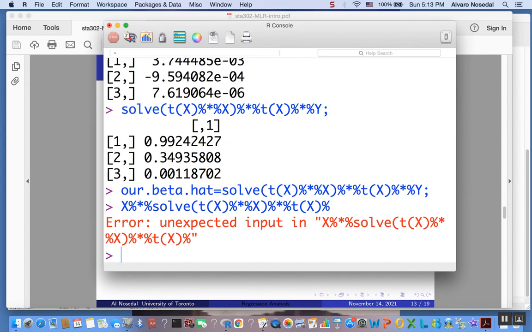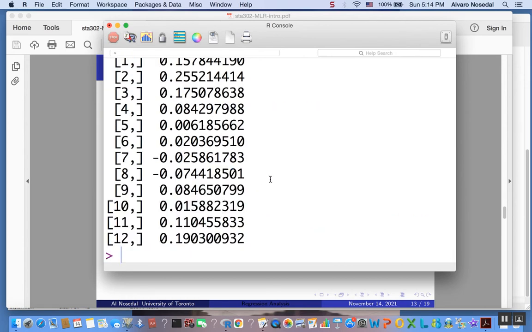What did I do wrong here? Oh, right. That's better.